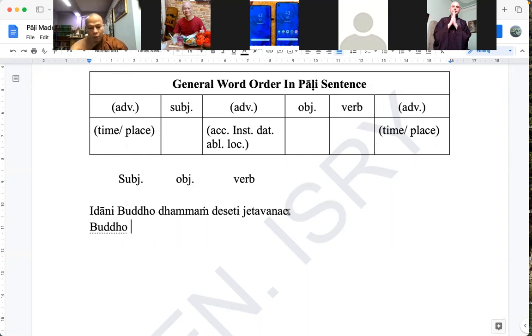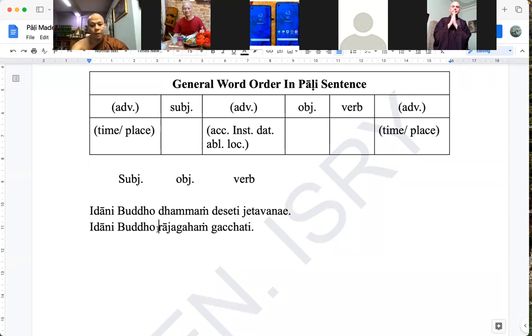Bodo Rajagahan gacchati. Now idani, an adverb of time, can come before the subject, and maybe after the subject also. Idani Bodo Rajagahan gacchati. Or maybe the other way: Rajagahan gacchati.